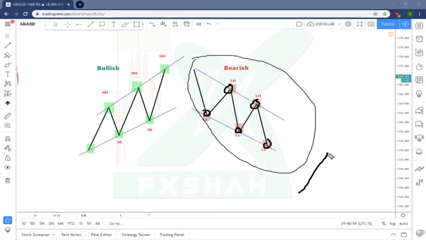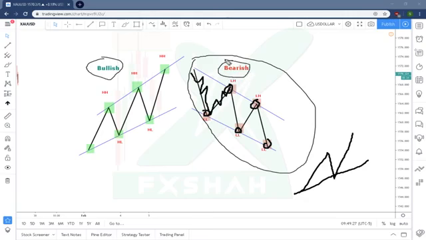This is not a trend, but if we get a retracement and then another move, we can call it a trend. So this is an impulsive move and this is a corrective move. One example is bullish, which is called an uptrend. The second example is bearish, which is called a downtrend, right? So this is a basic explanation of trend.